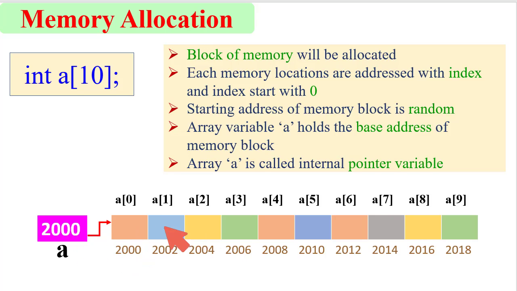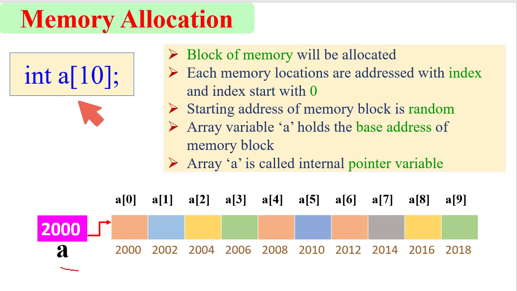In the other memory locations, the array elements or data are placed, but what is inside this box? Inside this box there will be a memory location, and that is the starting memory location of this memory block. Variable A indicates the starting address of this memory block, so this A is just like a pointer. A is called an internal pointer variable.